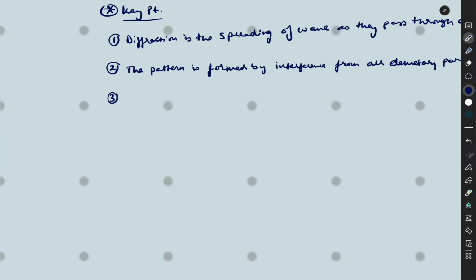And we will write the driving principle, that is Huygens principle.